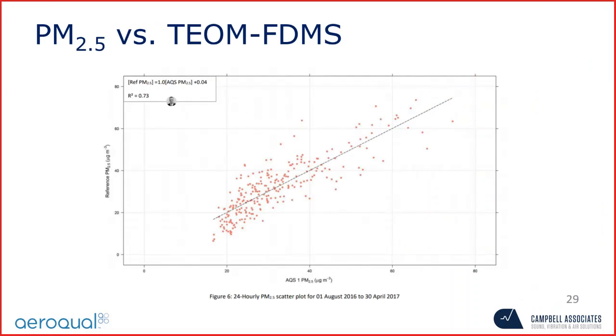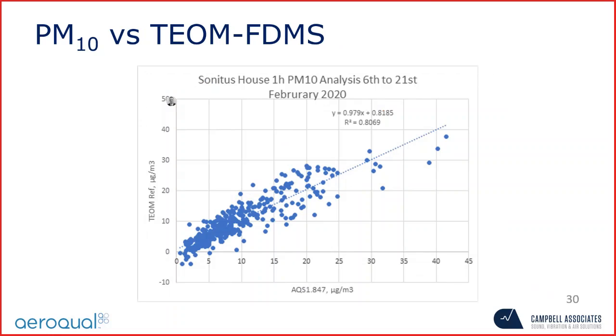So for example, if we look at correlation with the TRF-GMS, we're getting an R² of 0.73 and better, versus the FEDAS, we normally get something like 0.94, 0.95, or even better than that. And correlation again with the TRF-GMS for PM10, we're getting really good correlation even on hourly values.